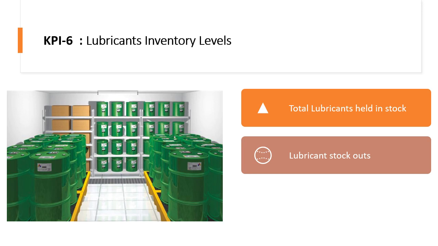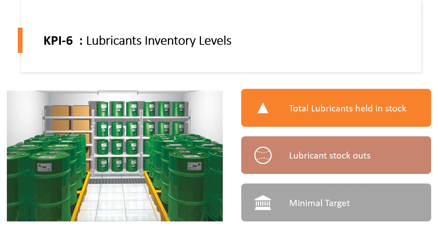And the lubricant stockouts, which means whenever we are in need of a lubricant and it is not available in our stores, that is called a lubricant stockout. There should not be any instance of lubricant stockout in case of requirements. This can be ensured by maintaining minimum inventory levels all the time, and the outcomes from the oil analysis program can also be well utilized in this case.